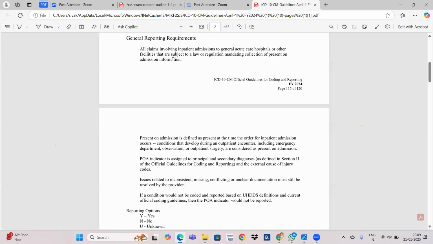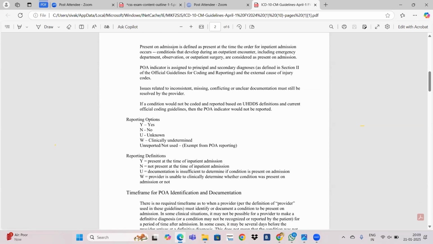Next thing. Present on admission is defined as present at the time the order for inpatient admission occurs. What is the meaning of present on admission?